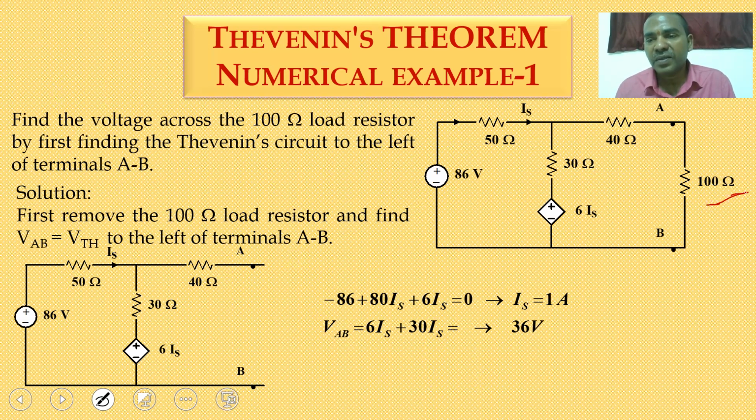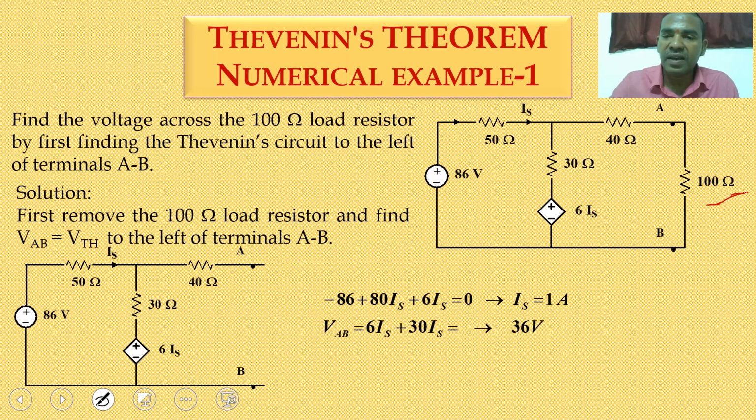Wherever the load is open circuited, between those two terminals only you have to measure the impedance. That is RTH you can get. So once you get the RTH and VTH, the voltage source connected with series resistance is connected to the load terminals, then you can calculate the load current.